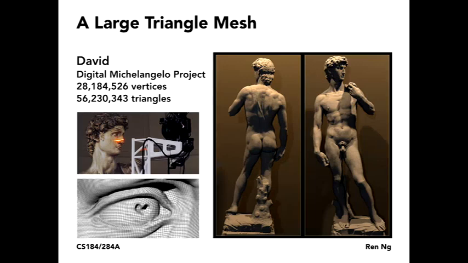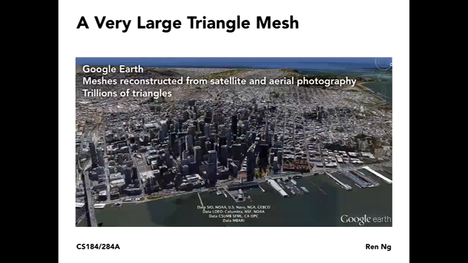This has 28 million vertices and 56 million triangles. They're so fine that you can actually see the artist's original chisel marks in this surface. So we might really care about the resolution and quality of surface representations.